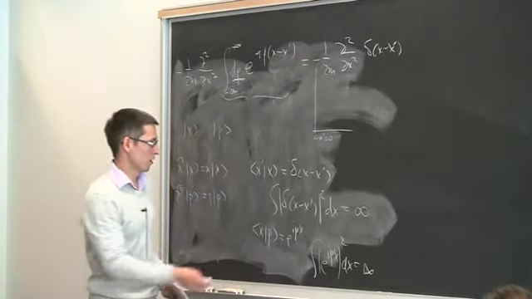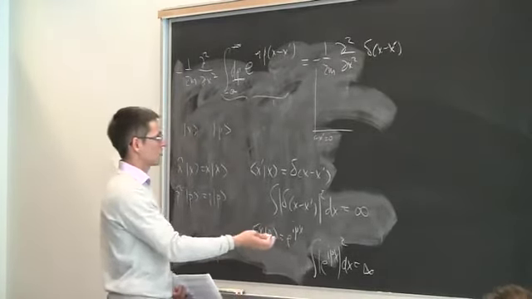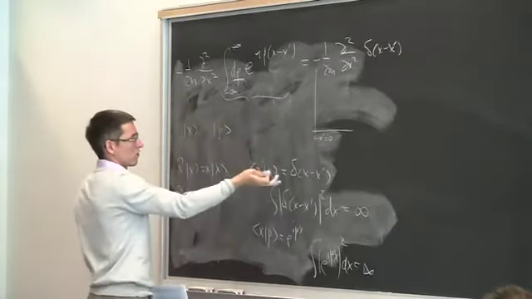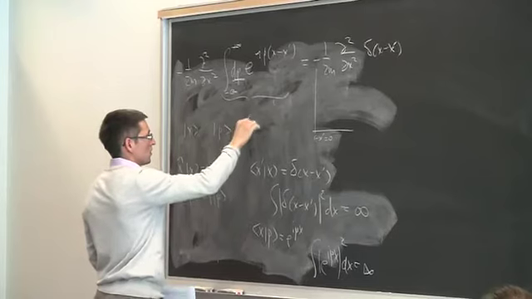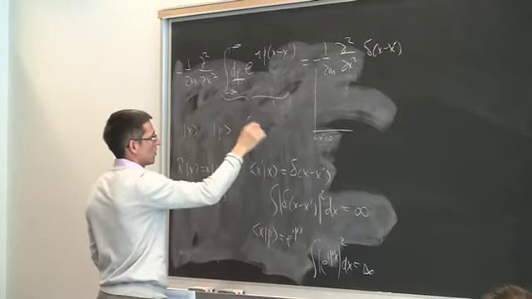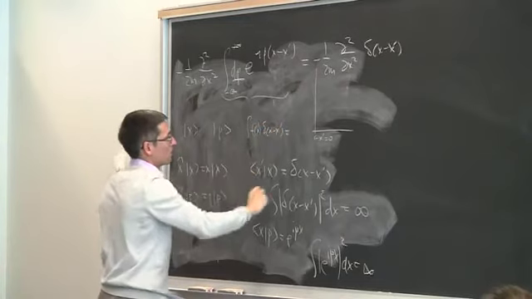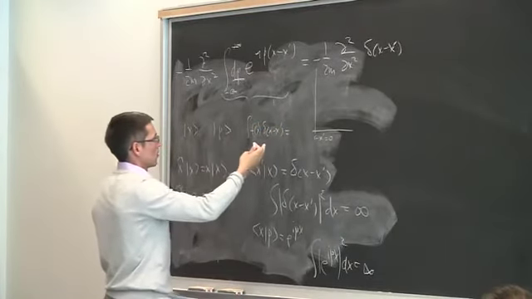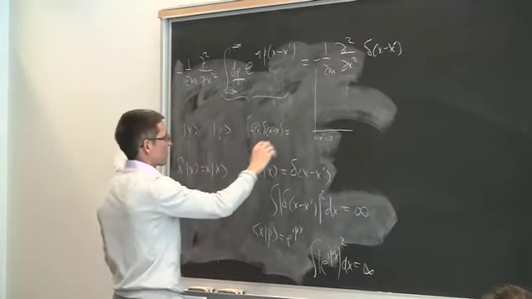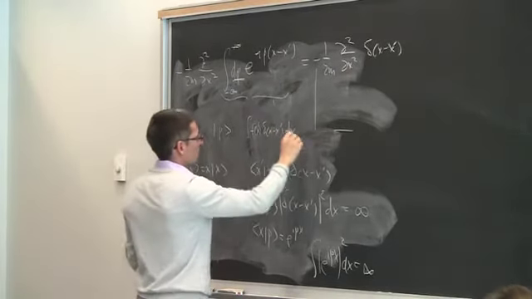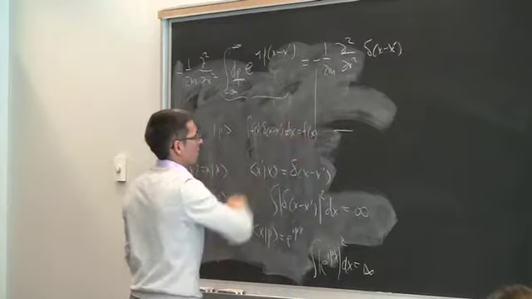You can simply go by definition. The simplest definition of the delta function is that if you have a function, then what the delta function does is it essentially gets the value of the function. Like if you have dx here, then you get f of x.